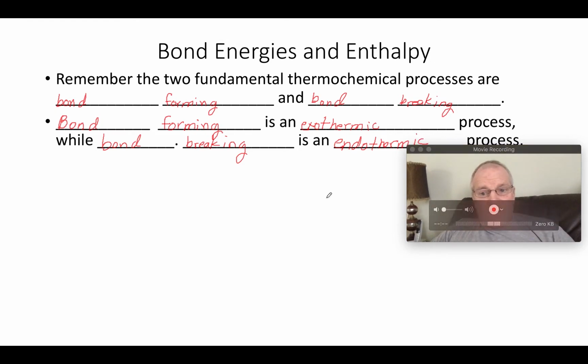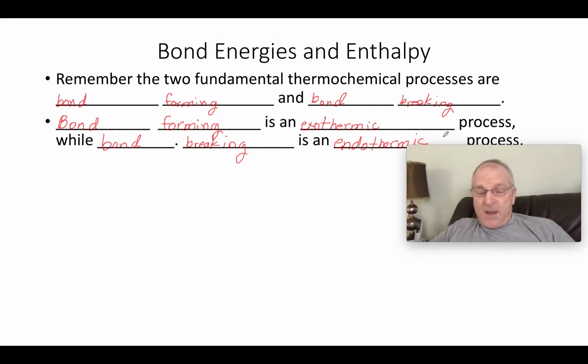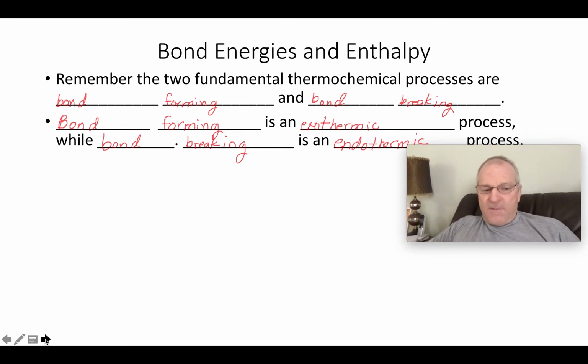It requires energy to break a chemical bond, and I would hope that would be a relatively intuitive argument. You've got to put energy into the system to pull two atoms that are bonded apart. You have to break the force of attraction between the electrons and the nuclei, regardless of the type of bond: covalent, ionic, metallic, intermolecular, doesn't matter.